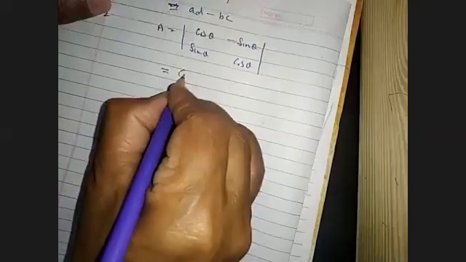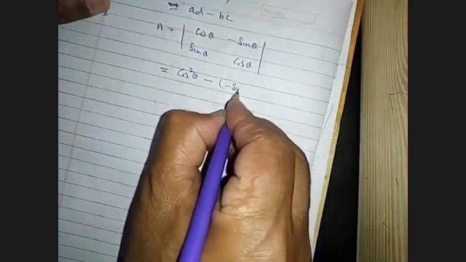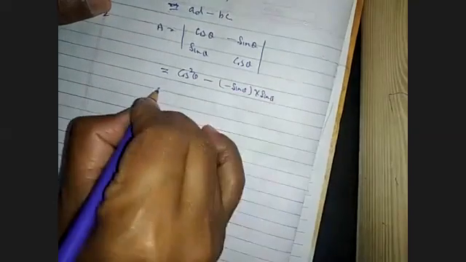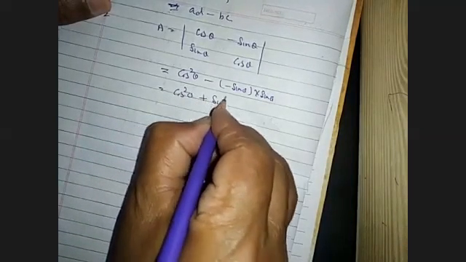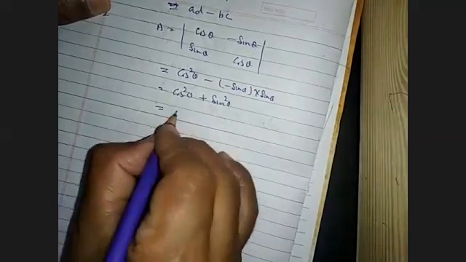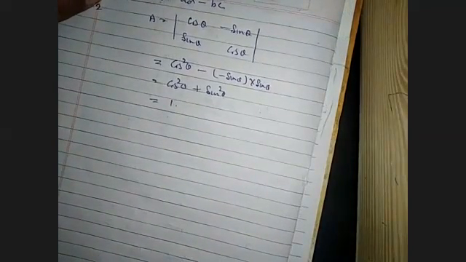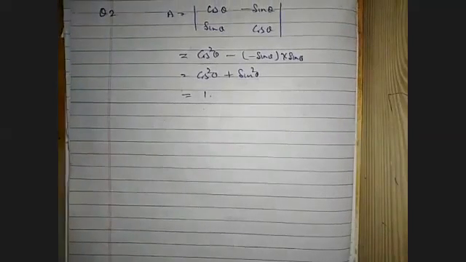Any word can be used. Cross multiplying, we get cos square theta minus of minus sin theta into sin theta. That is cos square theta plus sin square theta, that is 1. This is the value of the determinant.